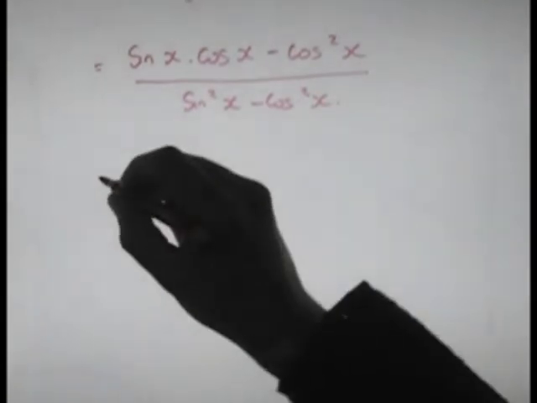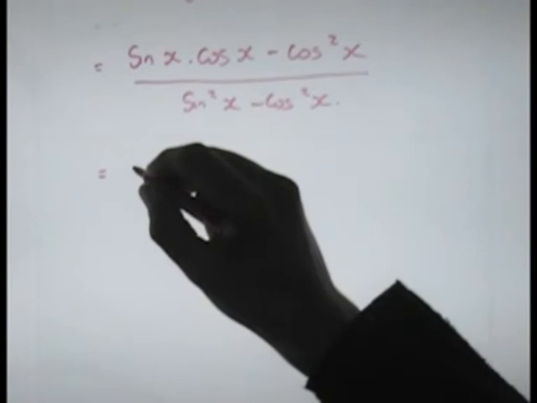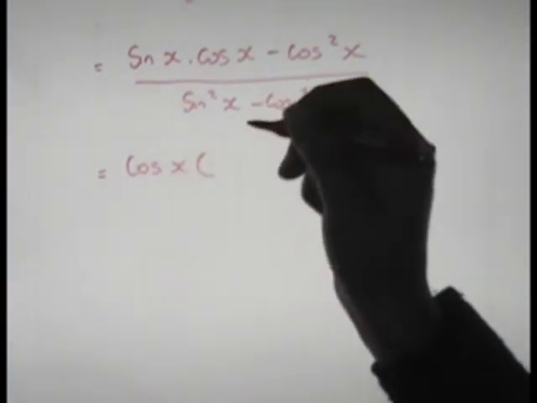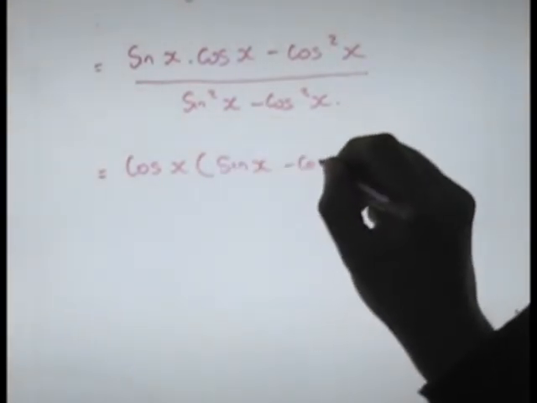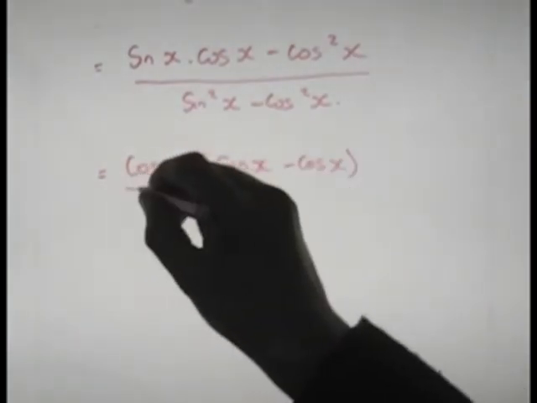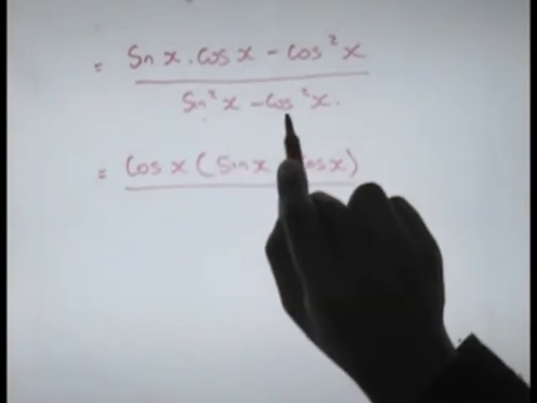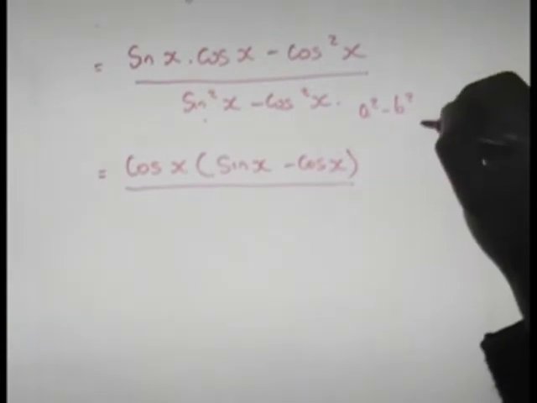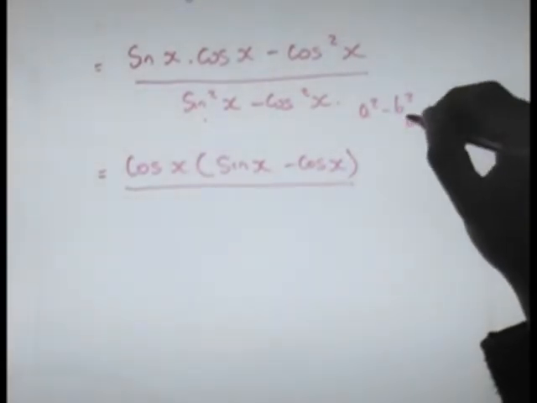What I'm now going to do is, from the top I'm going to take out a common factor of cos x. That's going to give me sine x minus cos x at the top. Aha, look at this. Isn't this in algebra called difference of two squares? a squared minus b squared is equal to a plus b, a minus b.